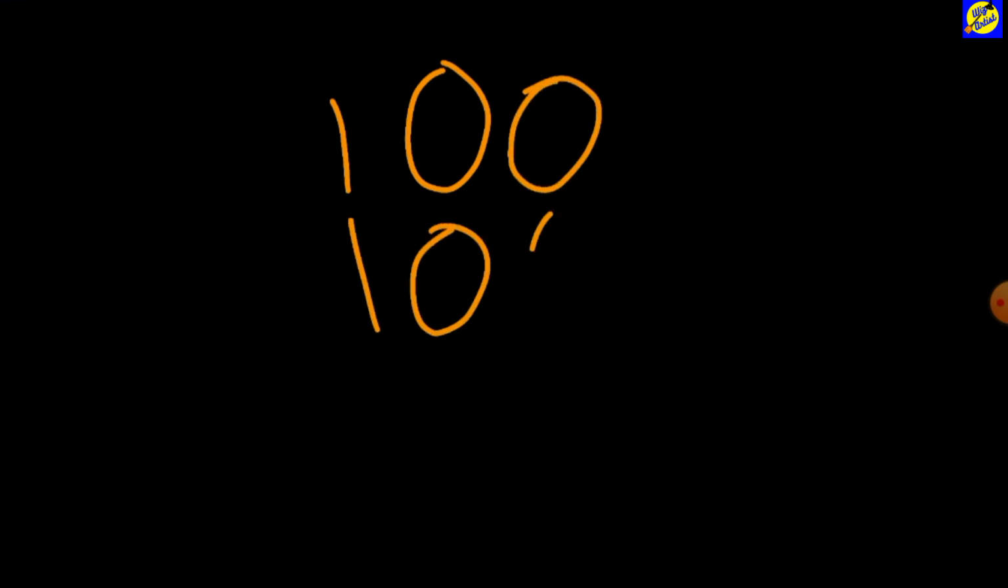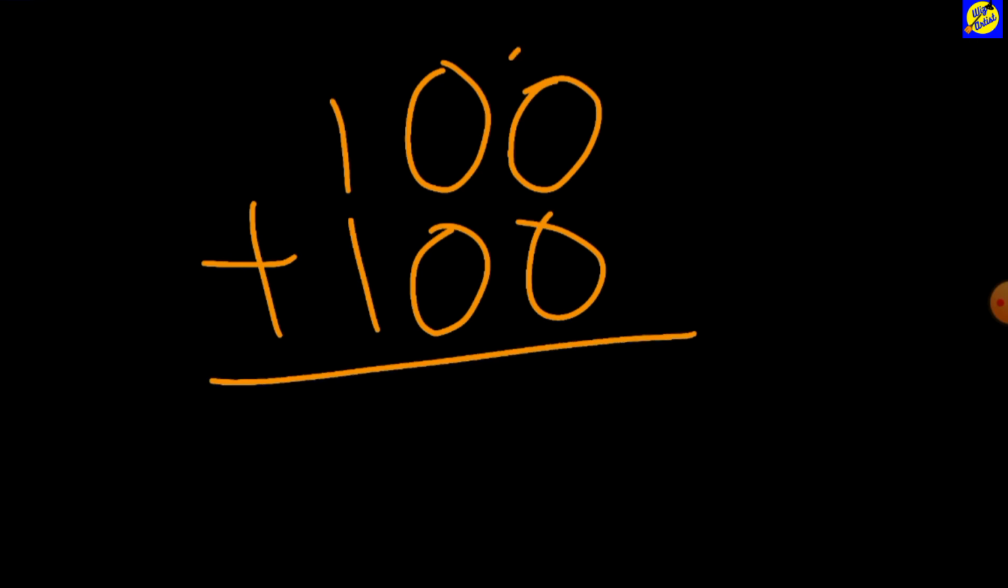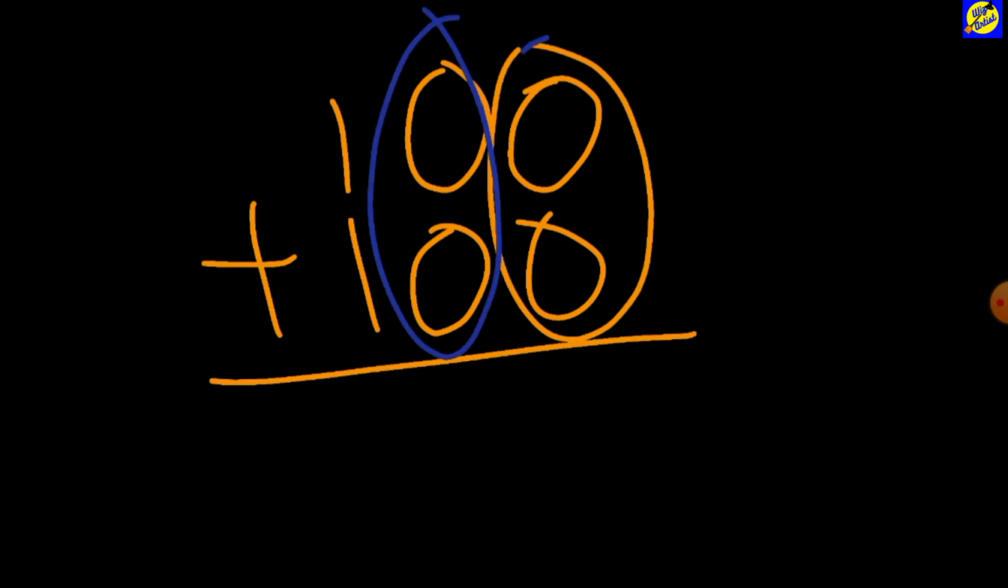Now there might be various carry forwards of different numbers, etc. But now when I give you a sum, suppose 100 plus 100, you're getting zeros over here. And we all know that 0 does not have any value. So you will have to put 0 only over here.